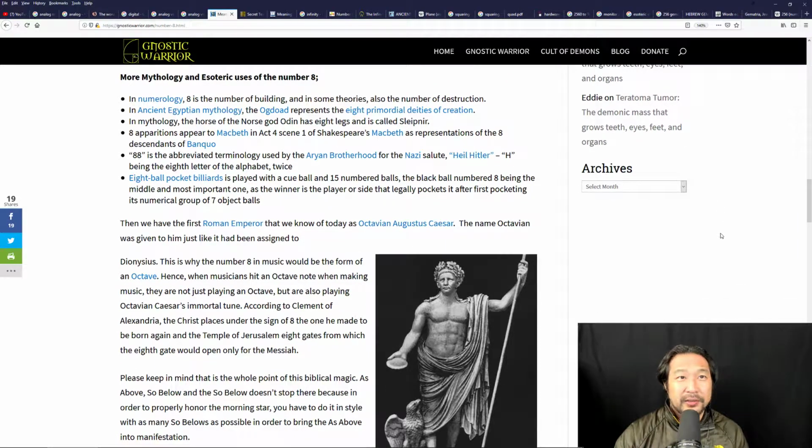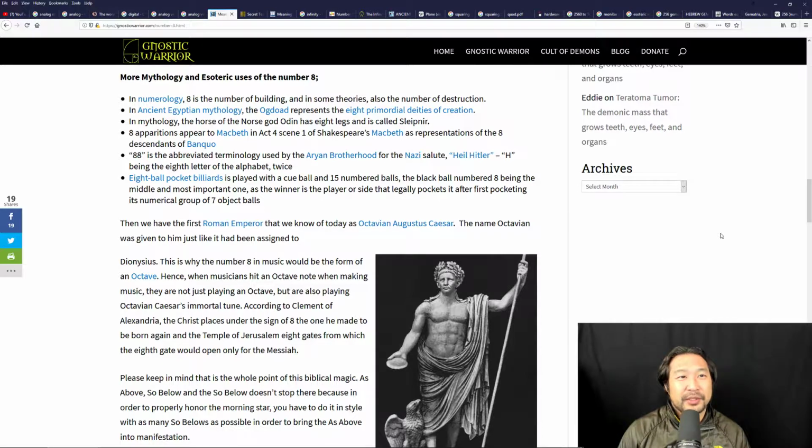More mythological and esoteric uses of number 8. In numerology, 8 is the number of building, and in some theories also the number of destruction. In ancient Egyptian mythology, the Ogdoad represents the 8 primordial deities of creation, and we're going to go into that more in detail. In mythology, the horse of the Norse god Odin has 8 legs and is called Sleipnir. I kind of forgot about that.